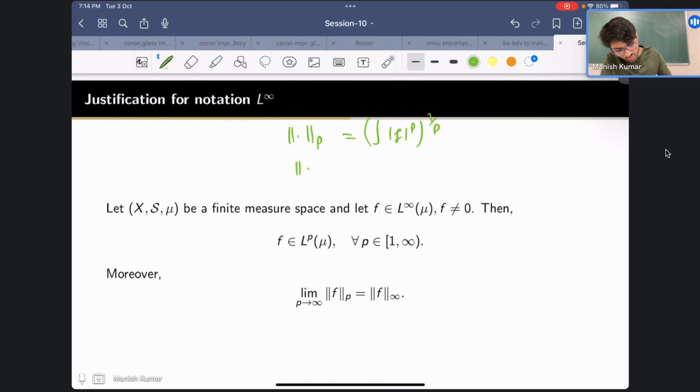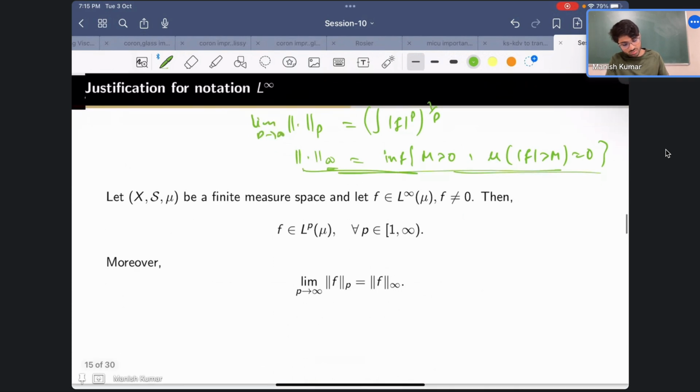But for p equal to infinity, we define it as the infimum of M greater than 0 such that mu of the set where |f| exceeds M is 0. So why do we denote this infimum as the infinity norm of f? The reason is that if you take the limit as p tends to infinity here, you will get this quantity.